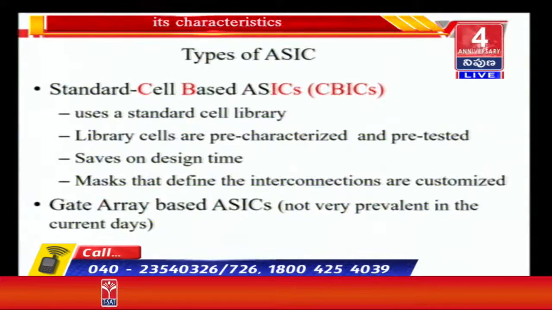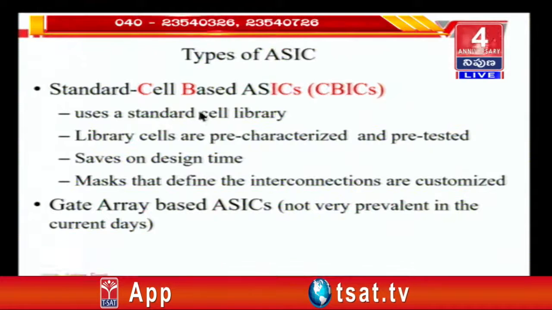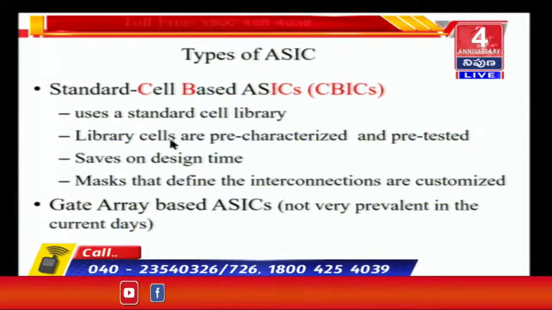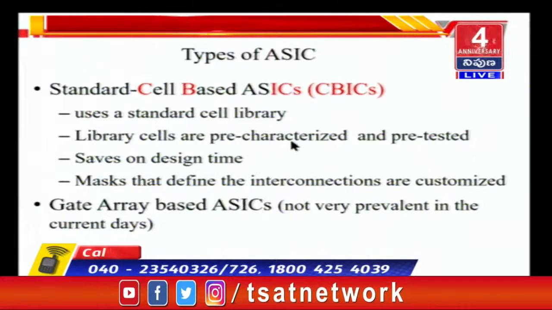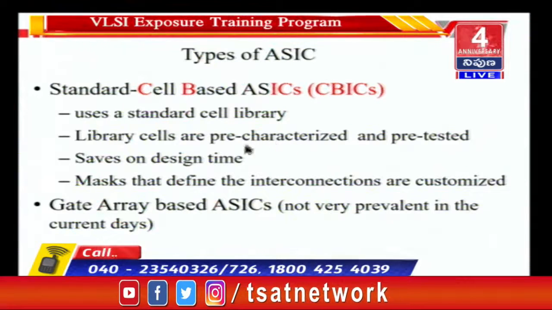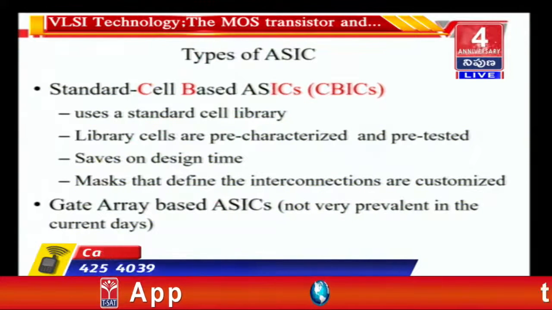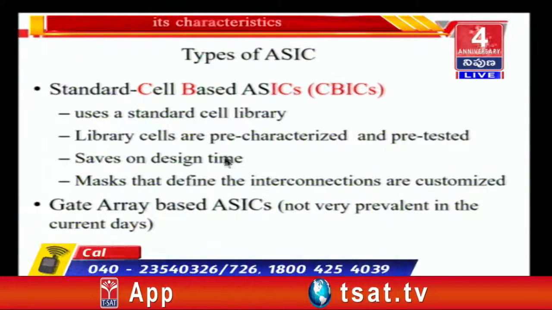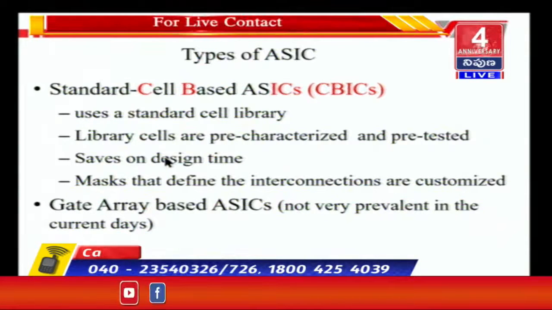Then we talked about standard cell based ASICs, or CBICs as they are called. The advantages are that it uses a standard cell library in which the cells are pre-characterized and pre-tested. So what the designer needs to do is to only pick up the cells from this characterized and pre-tested library, and then use them and place them on the silicon for sending it for manufacturing.